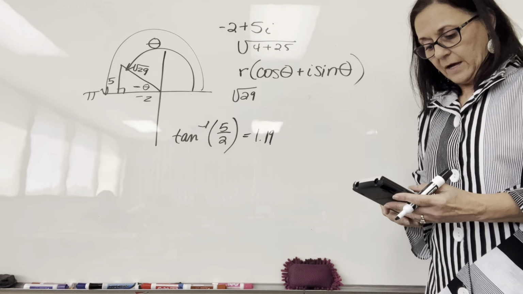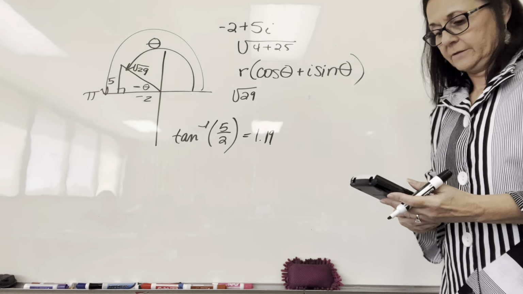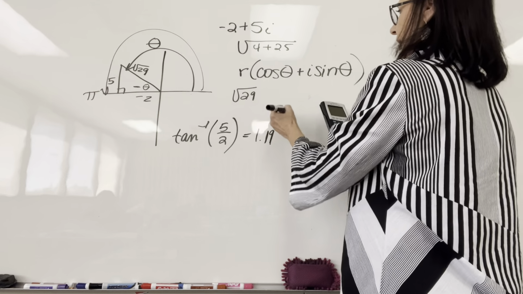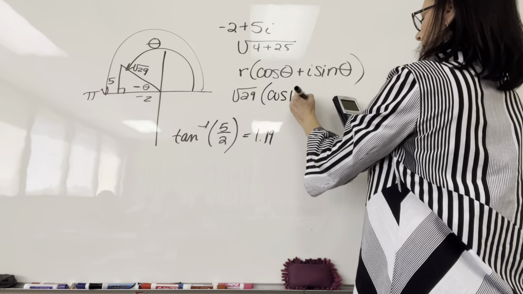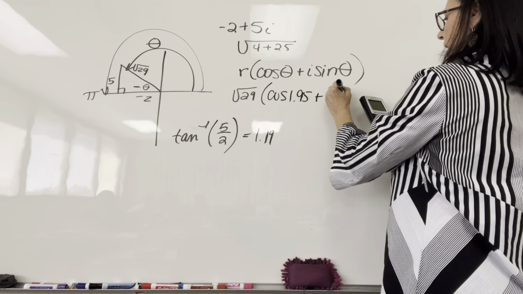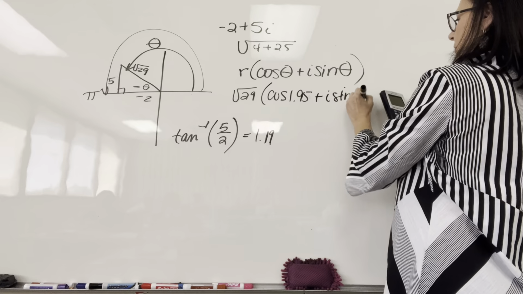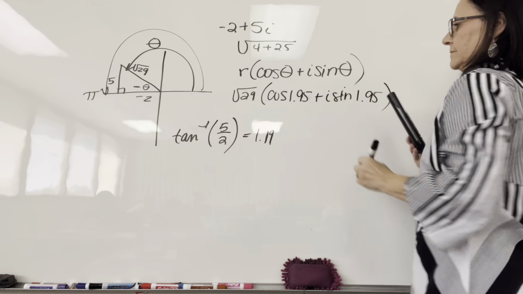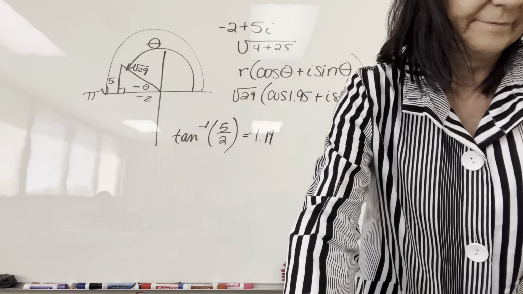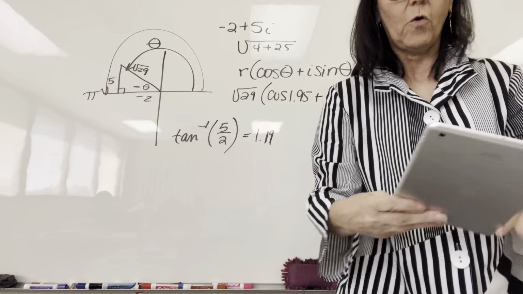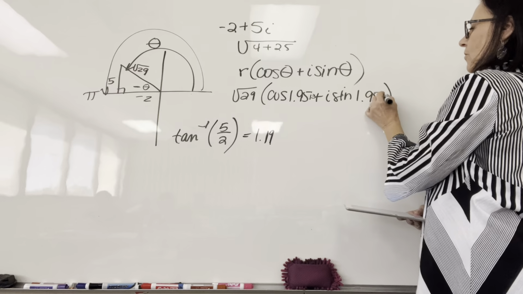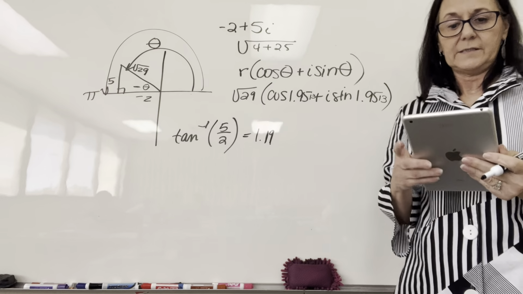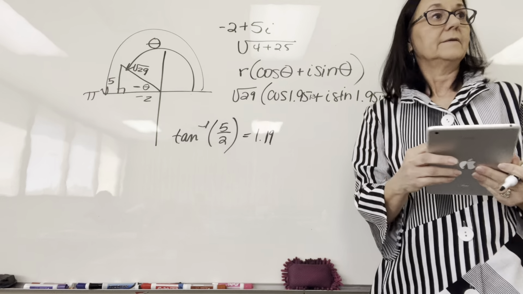Pi minus the second answer, and I get 1.95 plus i sine 1.95. Is that what you get? Actually, they give us 4 decimal places because we're in trig. 1.9513. Go to 4 decimal places because we are in trig.